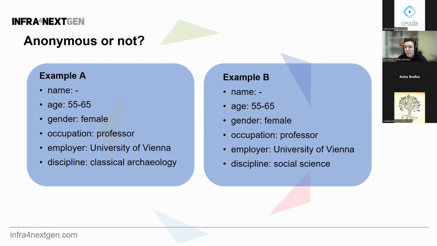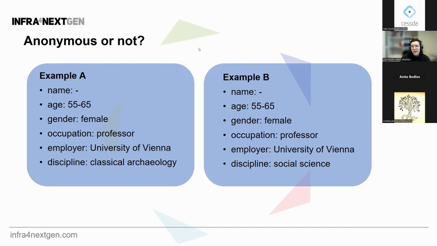And in example B, the discipline that was classical archaeology in example A is recoded to a broader discipline, to social sciences in example B. And that at least aggregates some information. And as you also said, it also depends on the size of the sample.